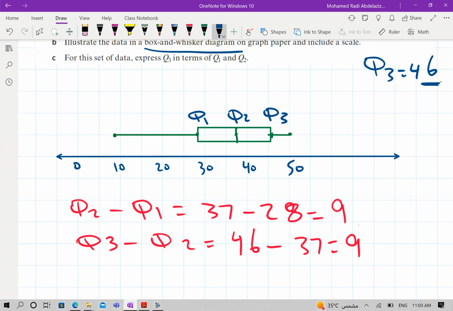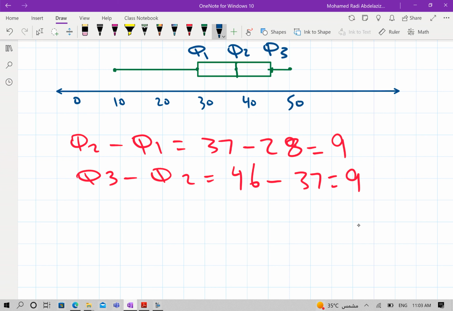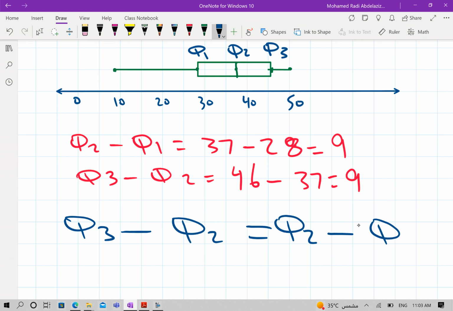In a normal distribution, Q2 divides the data between Q1 and Q3 exactly into two. This is called symmetrical. To get a relation between Q2, Q1, Q3, in this question they are the same. So Q3 minus Q2, approximately the same sometimes, exactly the same like this question, is equal to Q2 minus Q1.